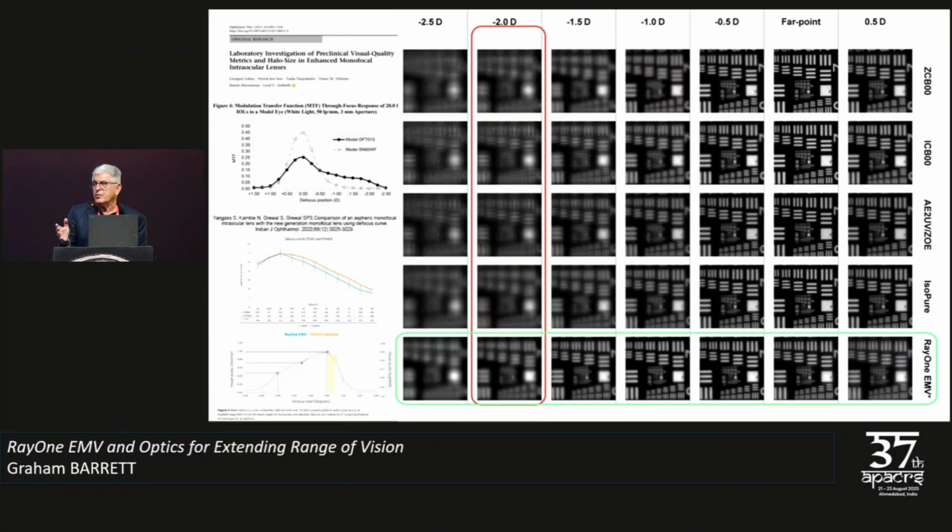And this is where the EMV is designed for exactly that. It's the right type of extended depth of focus to combine with myopic defocus. And if you're serious about providing near vision with extended focus lens, you should use some extent of modest monovision.